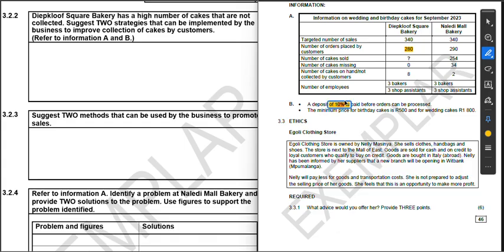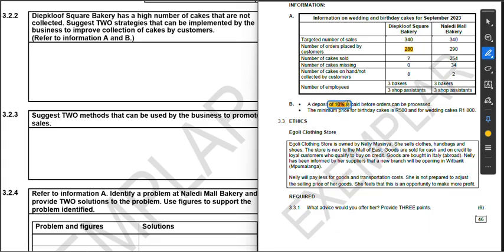In this case, for a birthday cake, we could say they could increase the deposit by 10%, and for a wedding cake, they could increase the deposit by 15%. Being logical about this, weddings are things that take a lot of time, and cakes should be ordered in time, and sometimes the person who is doing the wedding can meet up with issues.